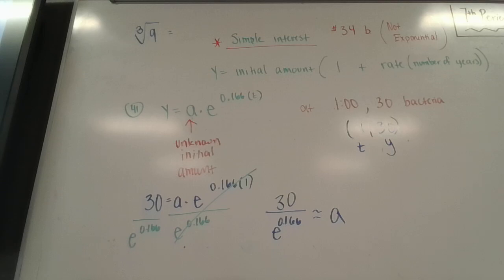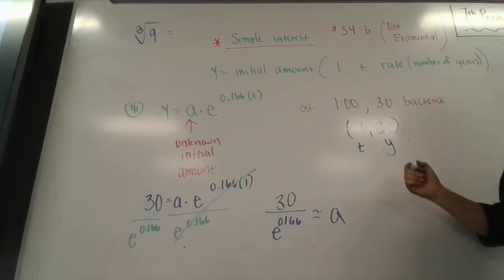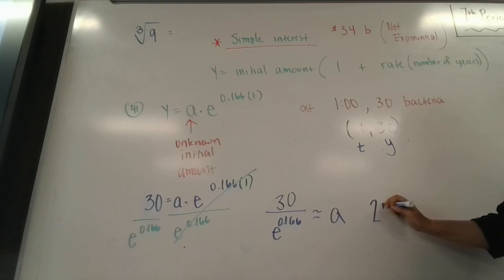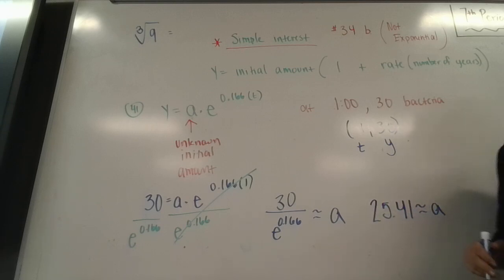Did anybody get an answer yet? Did I hear 25? I think it's 25. Wait, 16% of 30? Wait, what did you say the thing was? Yeah. What is 16% of 30? Did you do it?